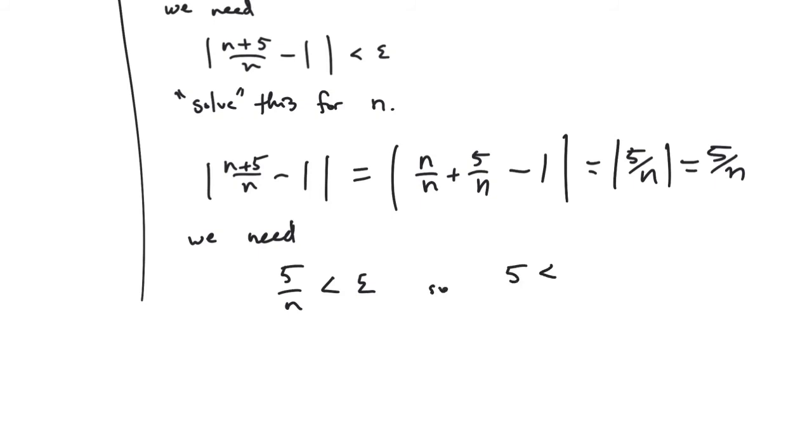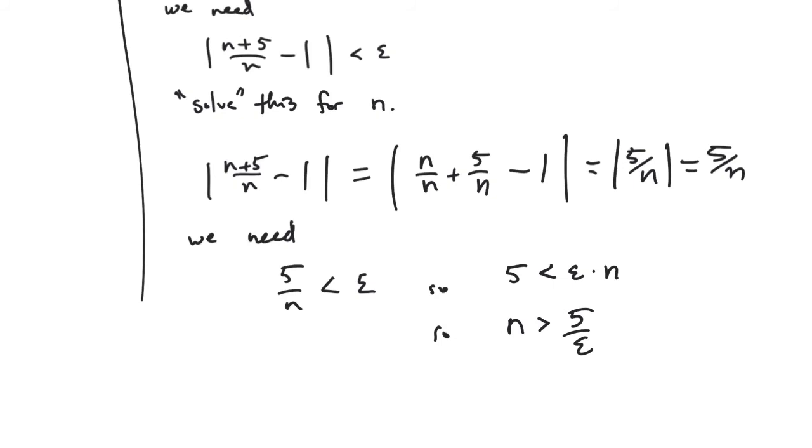It looks like 5 less than epsilon times n. Should I change the direction of the inequality there? No, I should not. It's because n is positive, and I multiplied both sides by n, so you do not change the direction. Then to solve for n, I divide by epsilon. So n is greater than 5 divided by epsilon.